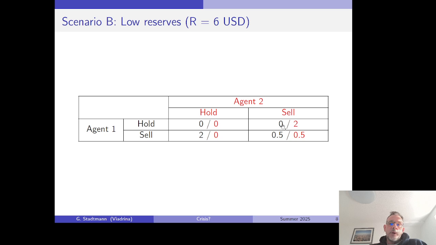Then agent 1 has to compare the black 0 and the black 0.5. 0.5 is larger, so selling is the dominant strategy. Since the game is symmetric, also agent 2 will always opt for the sell strategy. So the equilibrium is the right lower cell, and this cell is also the Nash equilibrium.